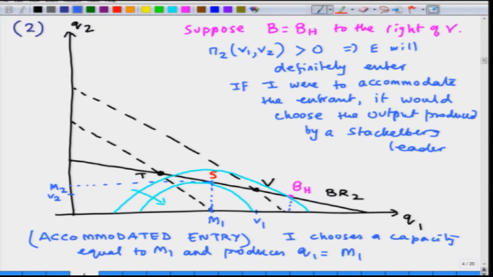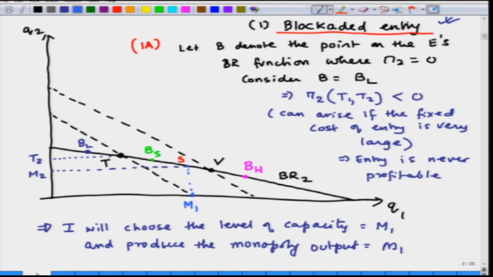So, if we just quickly recap the cases that we have talked about, we have looked at cases where the B is at either BL or at BS, in which case the incumbent does not have to try too hard to deter entry, as it would not occur anyway. In one case the fixed cost is so high that entry is blockaded, the incumbent simply produces the monopoly level of output and therefore installs just the monopoly level of capacity.